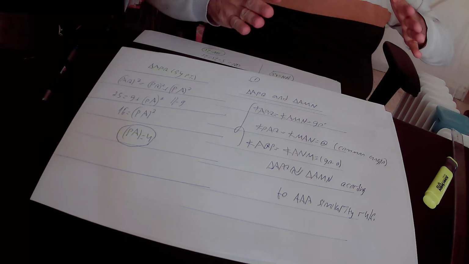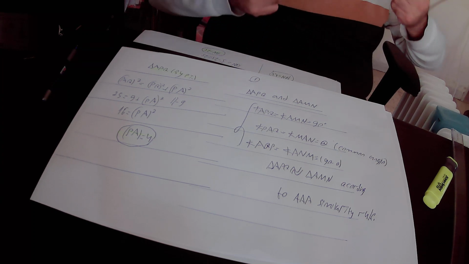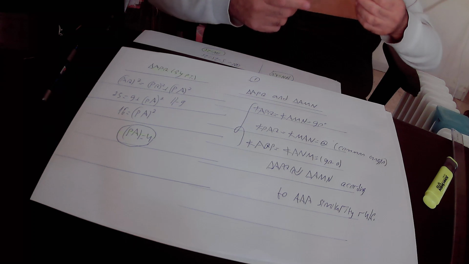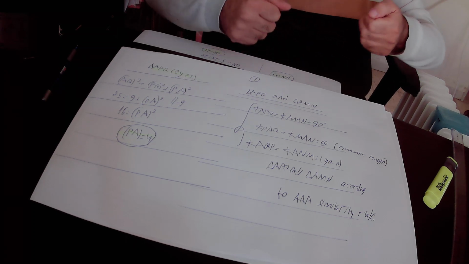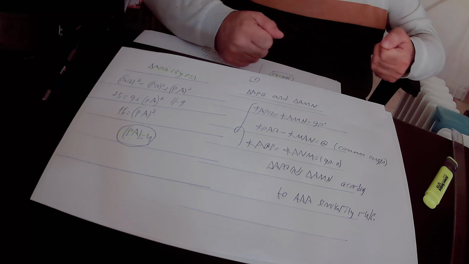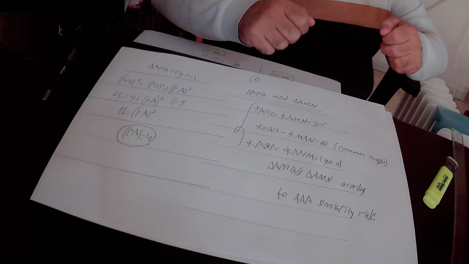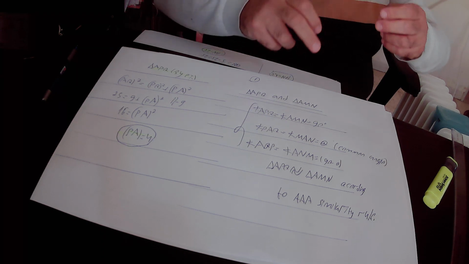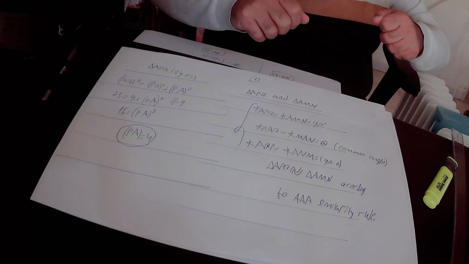If you prove that all the angles in one triangle are correspondingly equal to all the angles in another triangle, then you have fully proved that the two triangles are similar. And from the fact that the two right triangles are similar, we derive the following relationship between their sides.